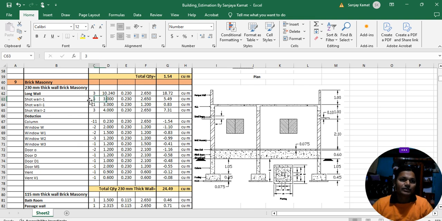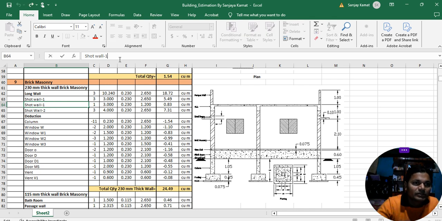Once you know these values, multiply these 4 terms, and you will get 5.49 cubic meter. Similarly we are going to take another short wall, short wall 2, and this will be short wall 3.